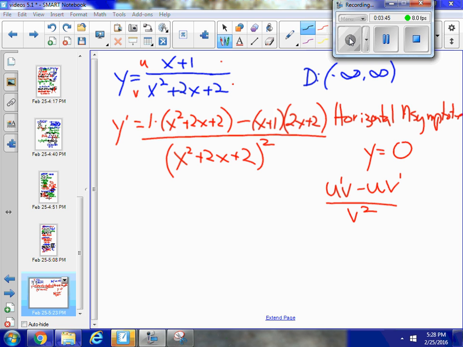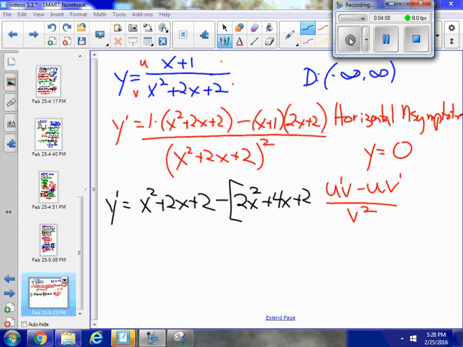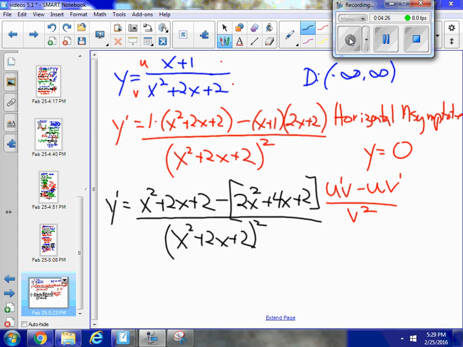We really need to simplify in order to find out where we're going to have any zeros in the derivative. So y prime is equal to, well, this is x squared plus 2x plus 2. I don't need the times 1. Minus, I'm going to FOIL this out. So I get 2x squared plus 4x plus 2, and that again is all divided by x squared plus 2x plus 2, squared.